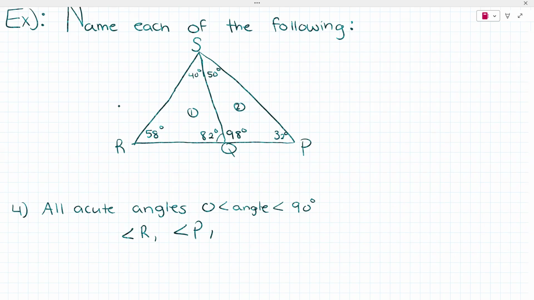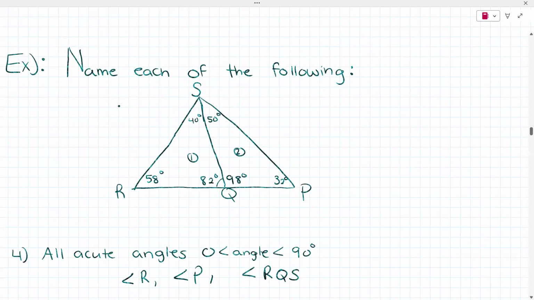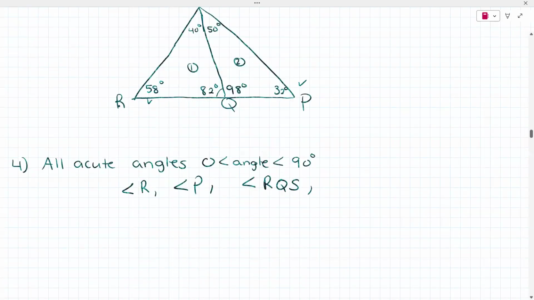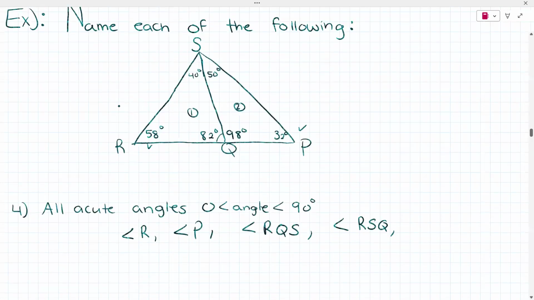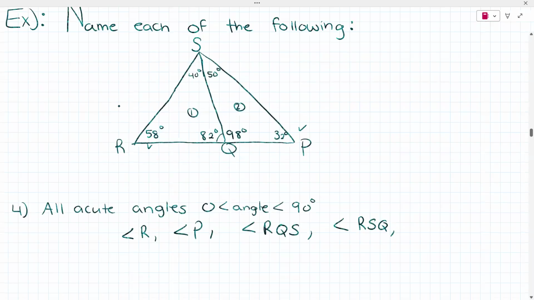So you could say angle RQS. And what else? We did P, we did 58, and we could also do 40 and 50, but we can't just say angle S. This 40 degrees would be expressed as angle RSQ. And this 50 degrees could be expressed as angle PSQ, right?